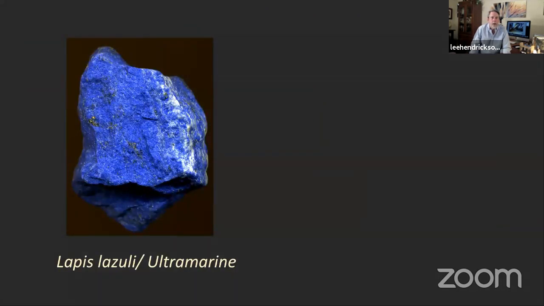Another example is the ultramarine, which came from lapis lazuli, which is found in a mine in Afghanistan. It's the only place in the world. It was super expensive. And all through the medieval times, painters using ultramarine, this beautiful blue color, had limits as to how much they could use because of the cost.